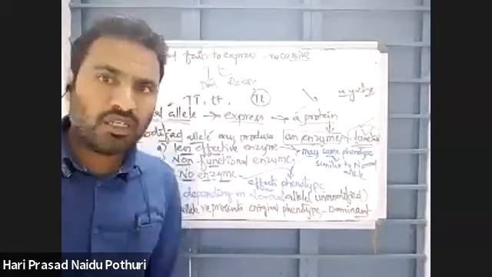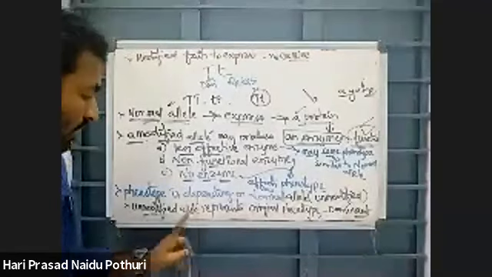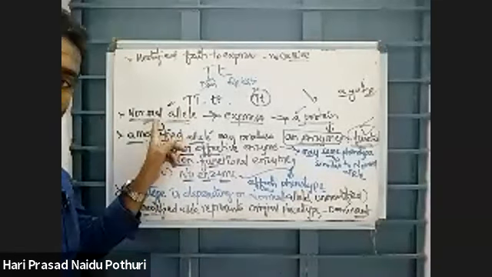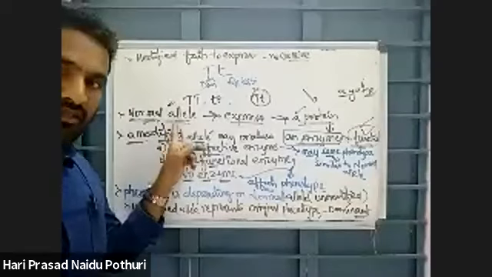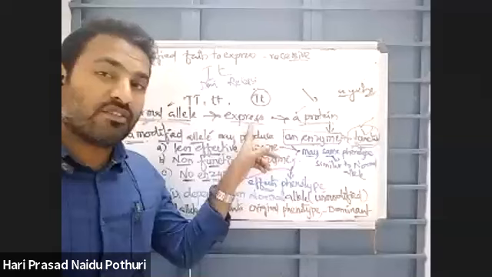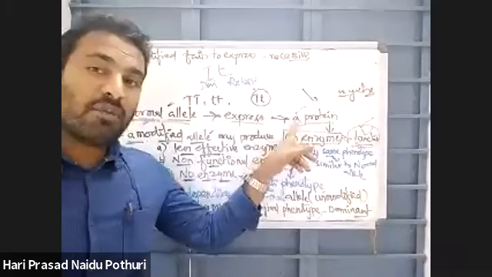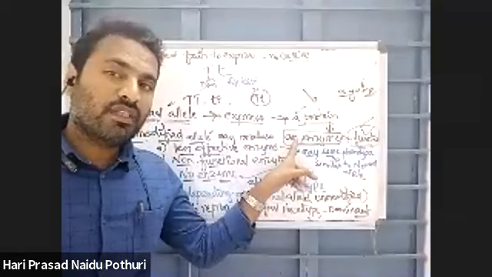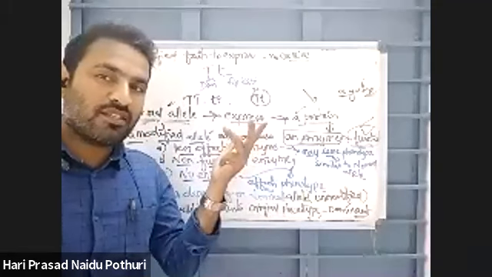Normal allele point, that only I told you. When the normal allele is there, gene expression takes place, meaning transcription and translation. By that there is formation of a protein. That protein can work as an enzyme, because enzymes are also proteins, right?